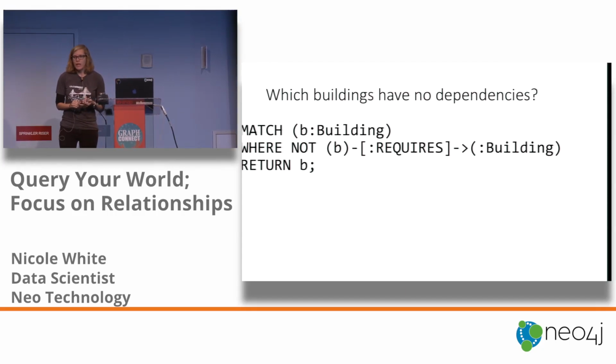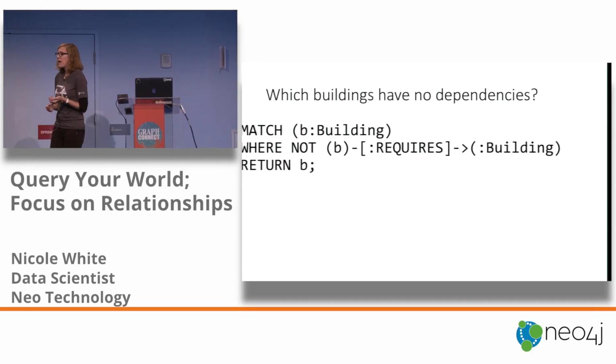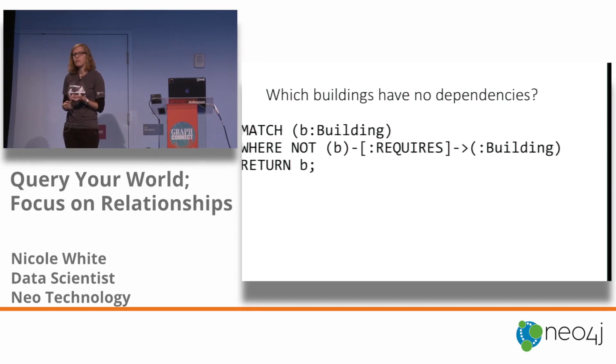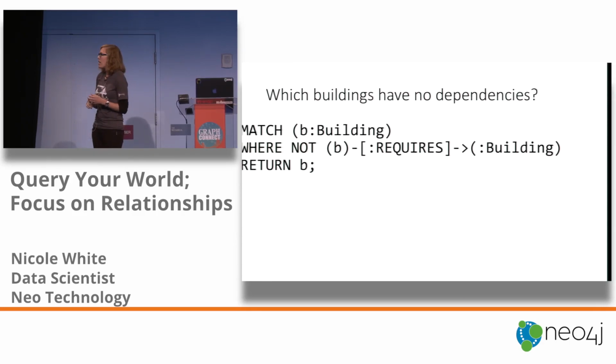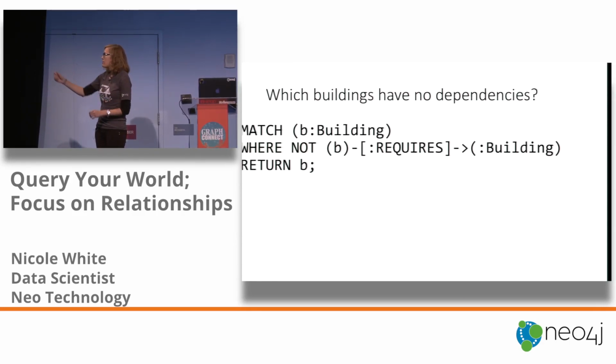To do something like that, you can use a pattern in the where clause itself, which is quite nice a lot of times. Here we're matching on buildings, so our match clause is just matching on the building label. It's not specifying any relationships. Then we're saying that this pattern cannot exist. So where not?